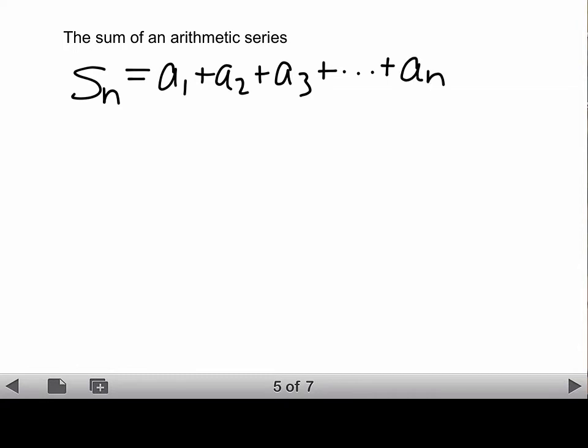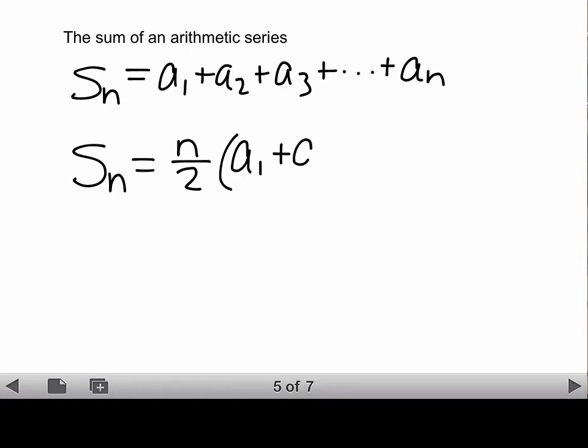And I don't often do this, but I'll just give you the formula. The sum is n divided by 2, n being the number of terms, times a sub 1 plus a sub n. In other words, it's the first term and the last term added together, multiplied by a number that's n divided by 2.